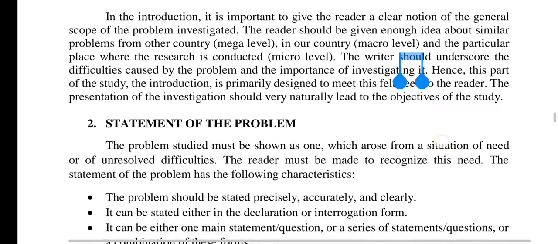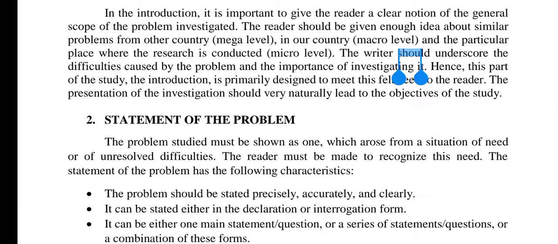It could be in a deductive method, from the country to the province up to the local level. You may present the problem or issue first at a country level, down to the provincial level, down to the local level. That is the deductive approach.